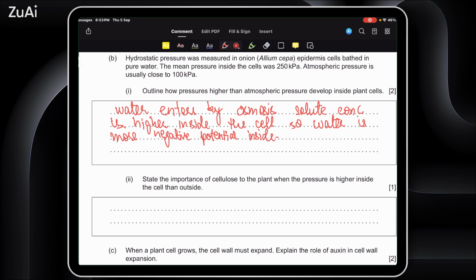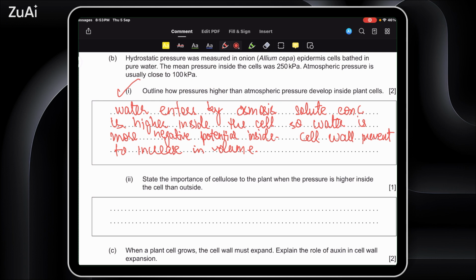And since the cell wall does not expand, the cell wall prevents the cell from increasing in volume. That's the answer.